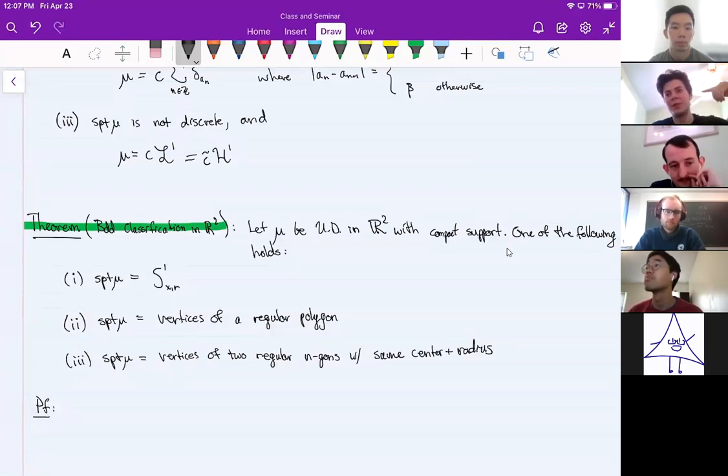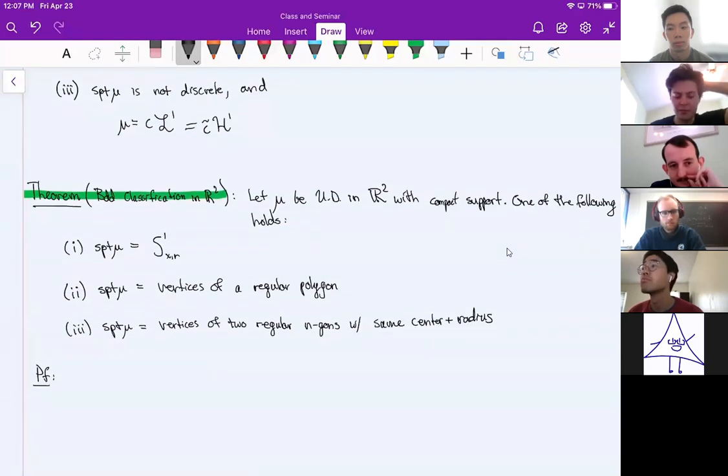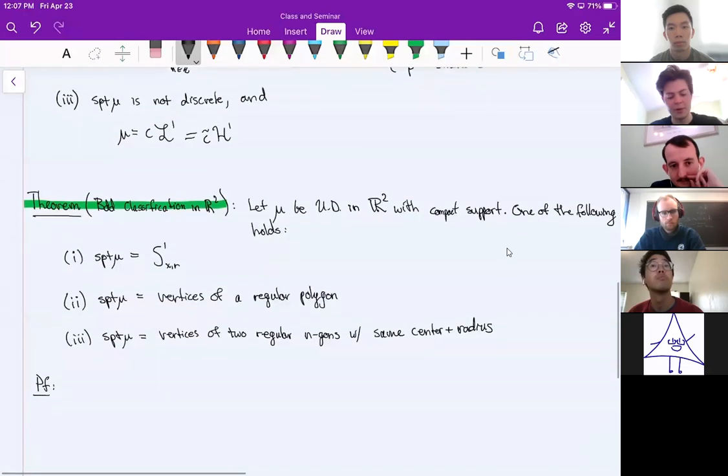You can take the one-dimensional result, unravel the circle onto a line, and use that to prove this result in 2 dimensions. The first case is that the support is the whole circle, and it's just length measure on the circle.